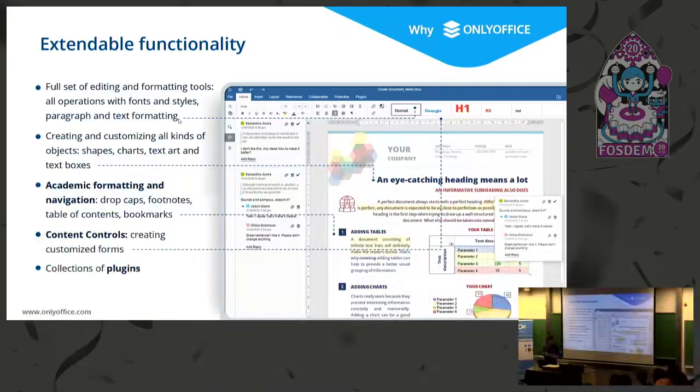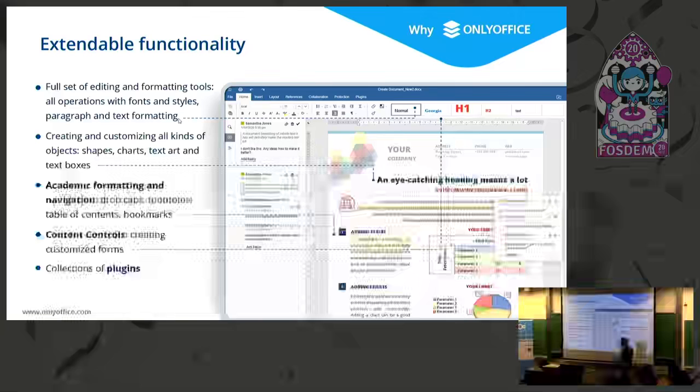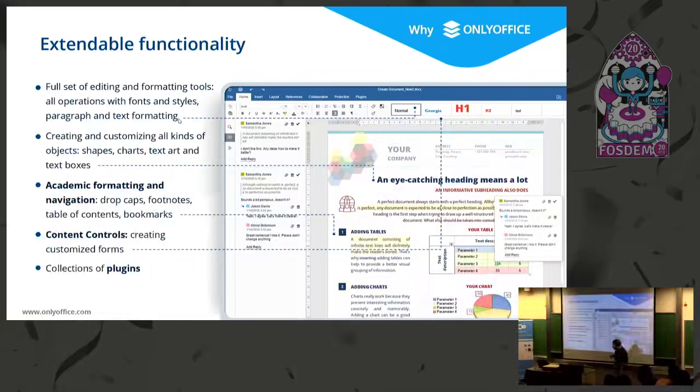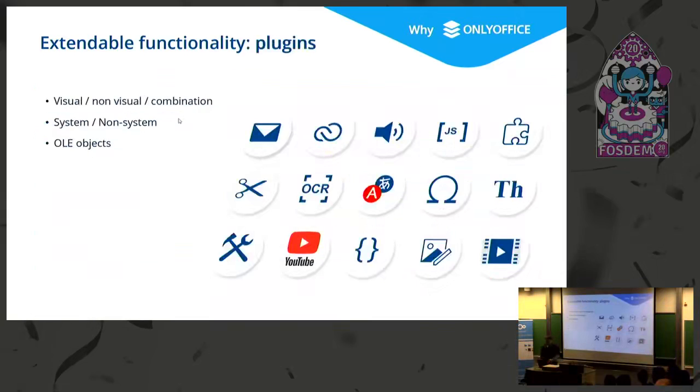So here you are able to use different features like standard features, table of contents, content controls, bookmarks, and many other features. And what's very important, JavaScript allows you to add additional features to the editors using our API and our plugins.